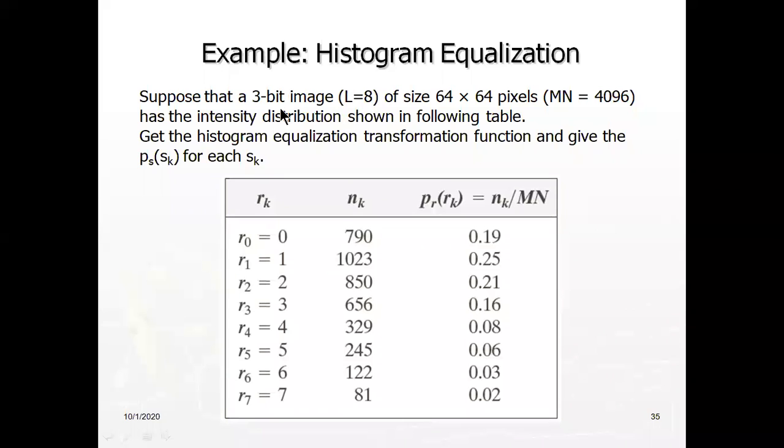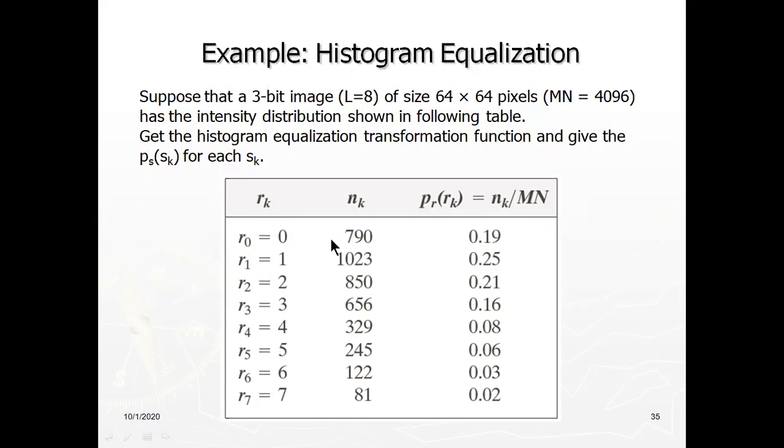If you have an 8-bit image, then L will be 2 to the power of 8, that is 256, so the values of r_k will go from 0 to 255. And for that, we need to find out each value of n_k. In this case, only 3-bit, so r_0 to r_7, and n_k will be the number of pixels having each of these intensities.